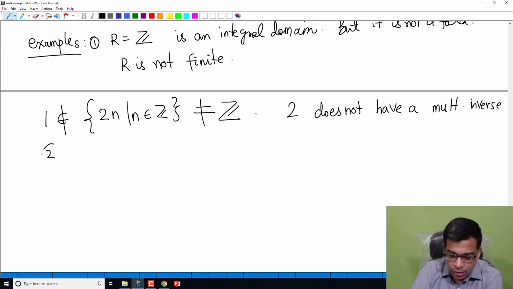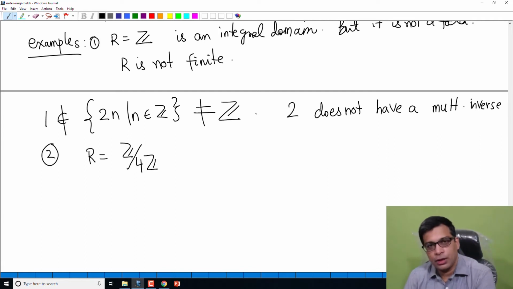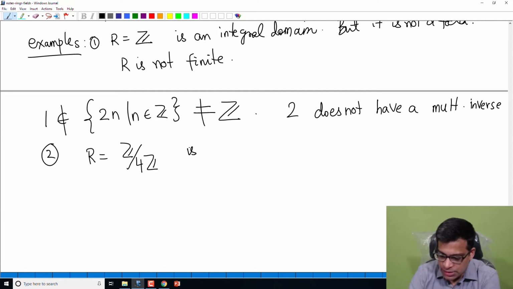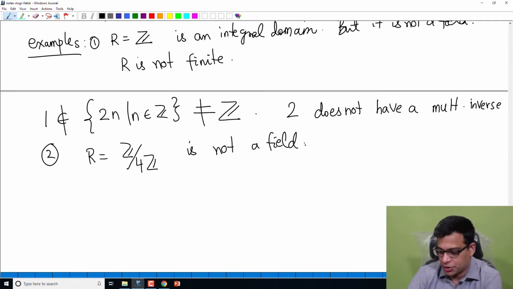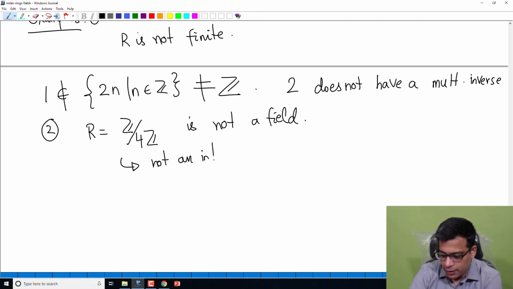On the other hand, if you have a finite ring but it's not an integral domain, again it need not be a field. So this is not a field. This is an obvious statement because a field is by definition an integral domain. So this is not an integral domain. And I will quickly tell you why the previous argument fails here.